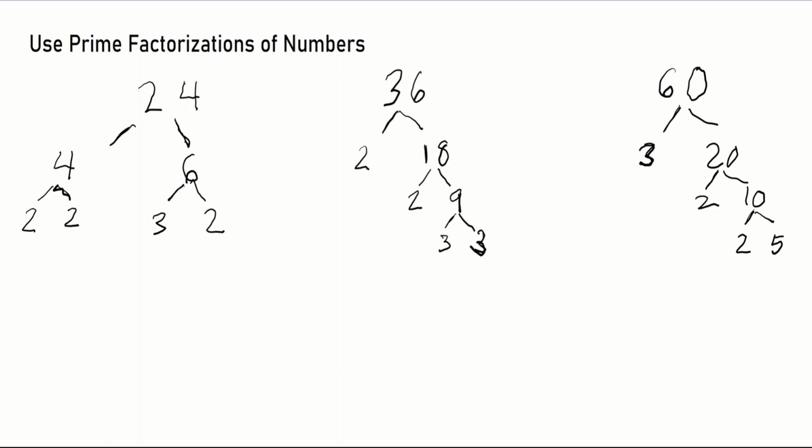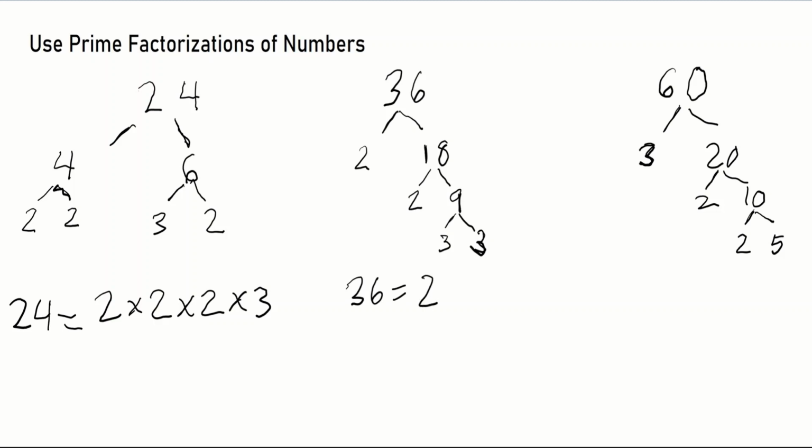You can write the prime factorizations for each of these numbers. 24 is equal to 2 times 2 times 2 times 3. 36 is equal to 2 times 2 times 3 times 3.